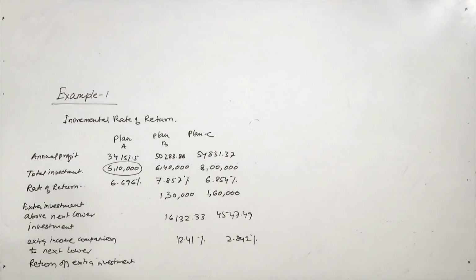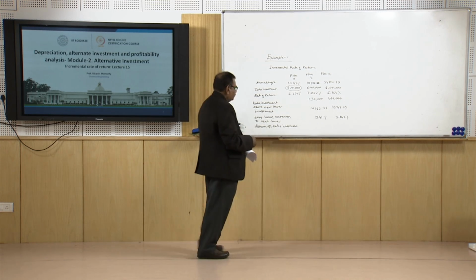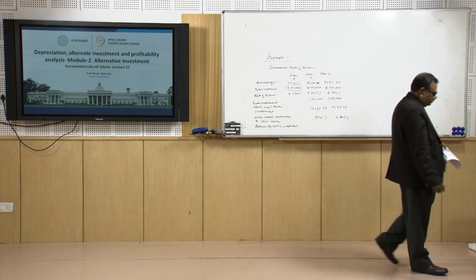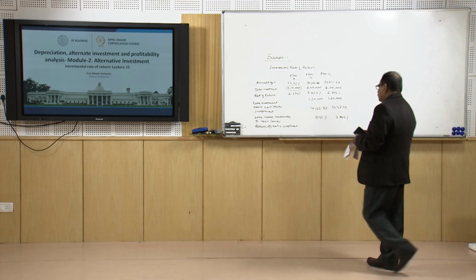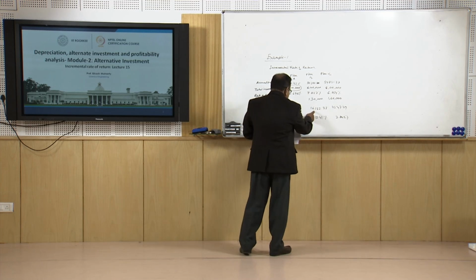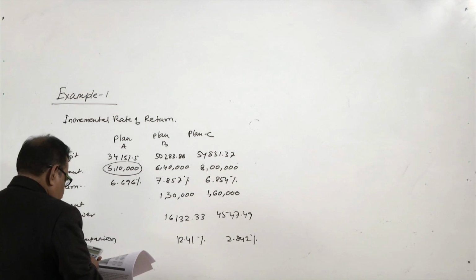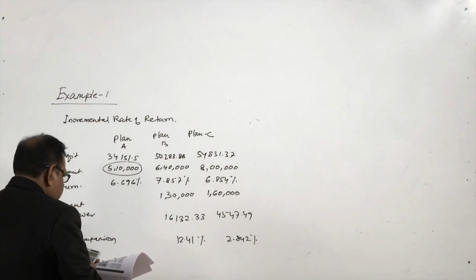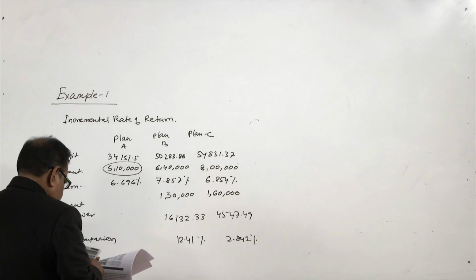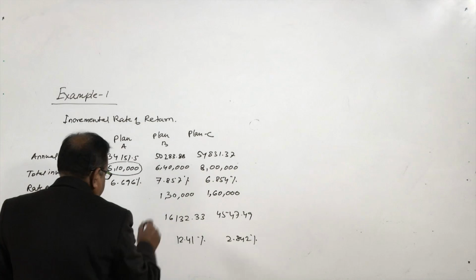How is this calculated? This is extra income 16132.33, this divided by this into 100 becomes this.